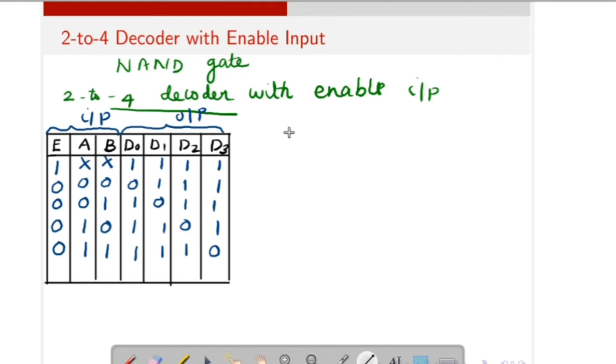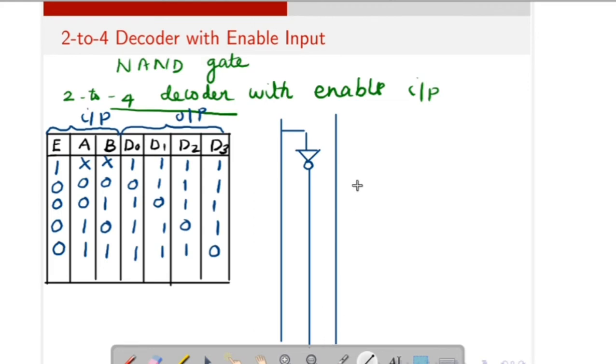Next we can draw the logic circuit for this 2 to 4 decoder. Here we have the inputs A, then A bar. For A bar we use an inverter, so this one is A bar.